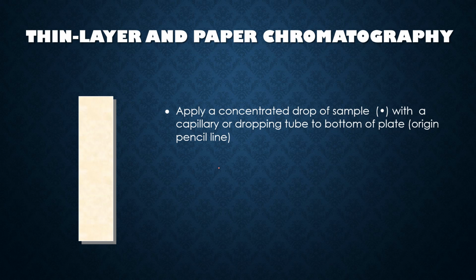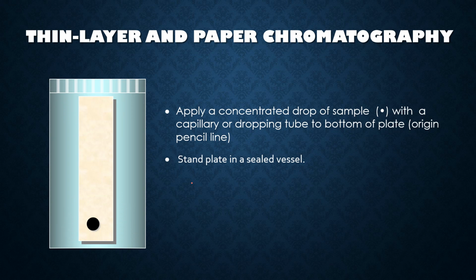With thin layer and paper chromatography, the aim is to put a drop of concentrated sample into a spot at the bottom of the chromatogram, so that you can run your sample up through the chromatogram. You stand the chromatogram in a sealed vessel, such as a jar, as in the pictures before, and you carefully add solvent.